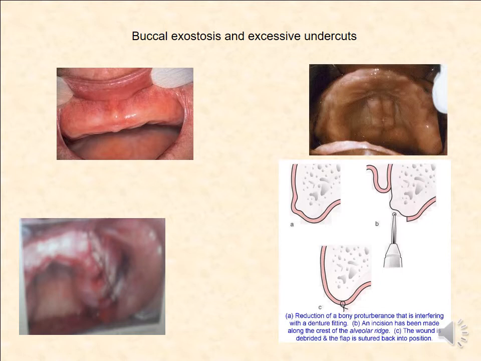Then return the mucosa, debride it, remove the excess tissue, suture it, and make the denture 7 days after suture removal.